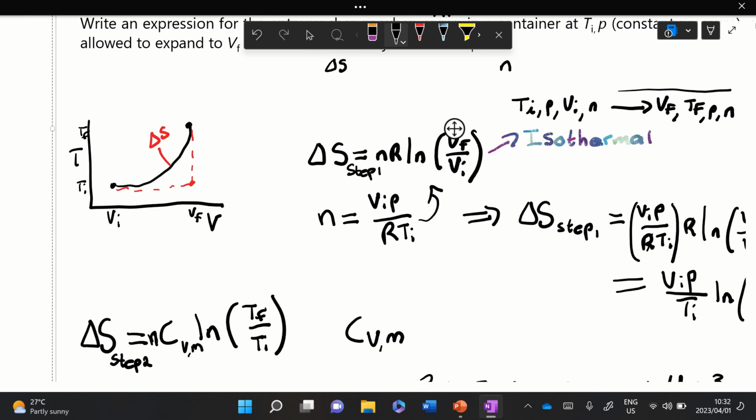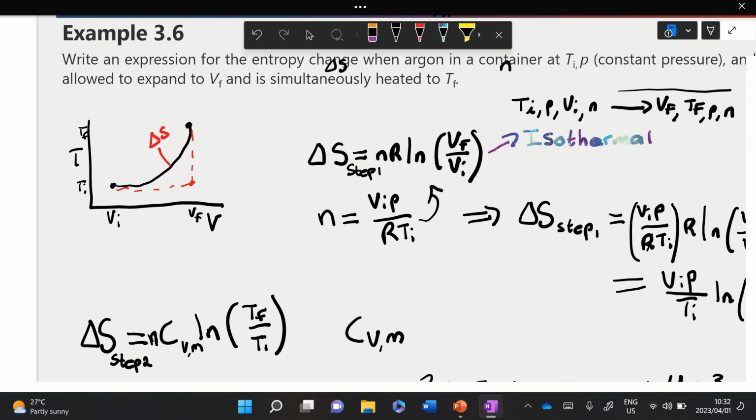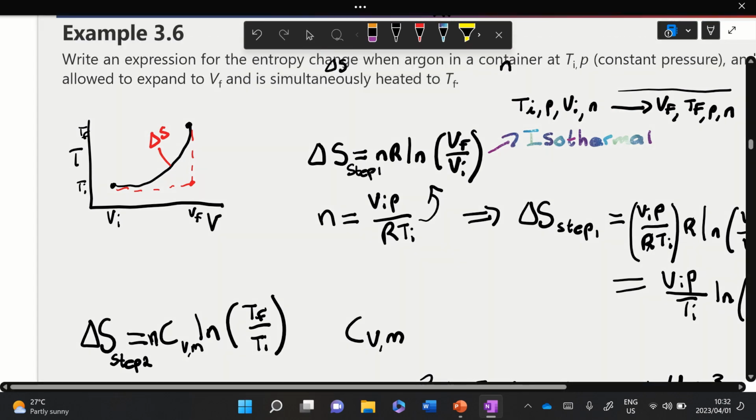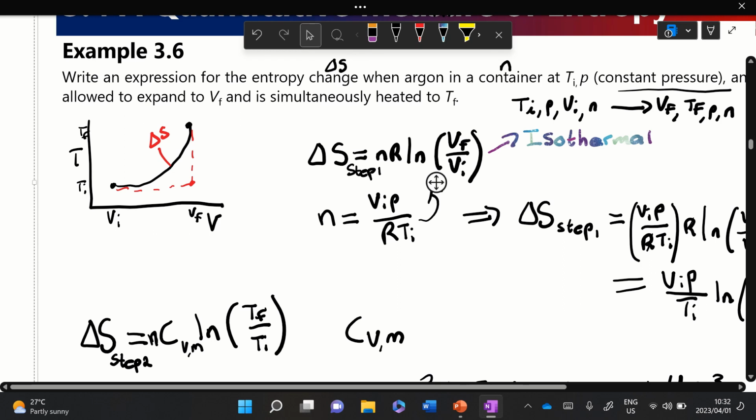But you can always do that. If you see different parameters changing at the same time, then it generally means that's how you're going to go about solving this kind of problem. You first keep the one constant and then keep the second one constant while you change the other, and you just sum the difference. Okay.